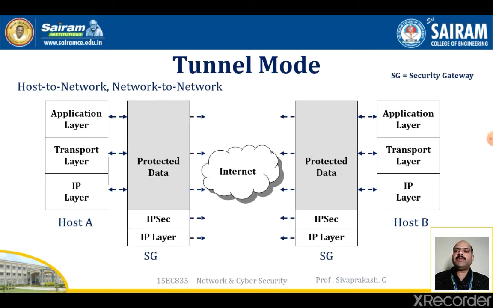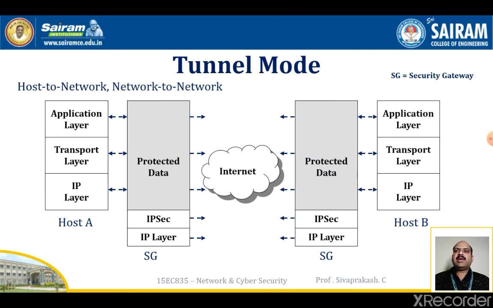Now the tunnel mode. In tunnel mode, the first diagram shows host A to security gateway, host to network, and SG to another SG through an external internet, network to network. Tunnel mode provides protection of the entire IP packet.